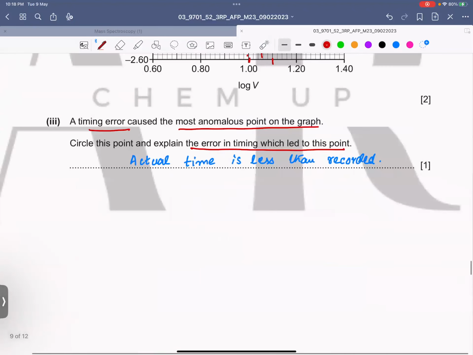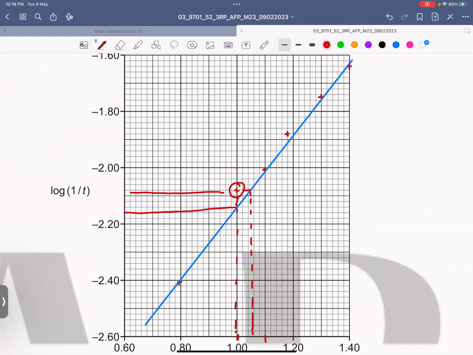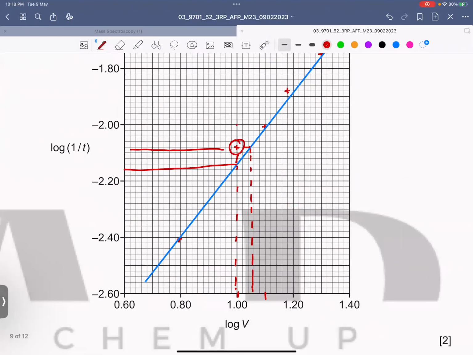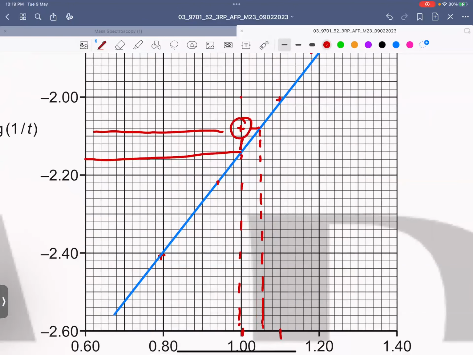So we have to take 2 points on the line. Yes, can anybody help me in that? So what are the coordinates of this point?